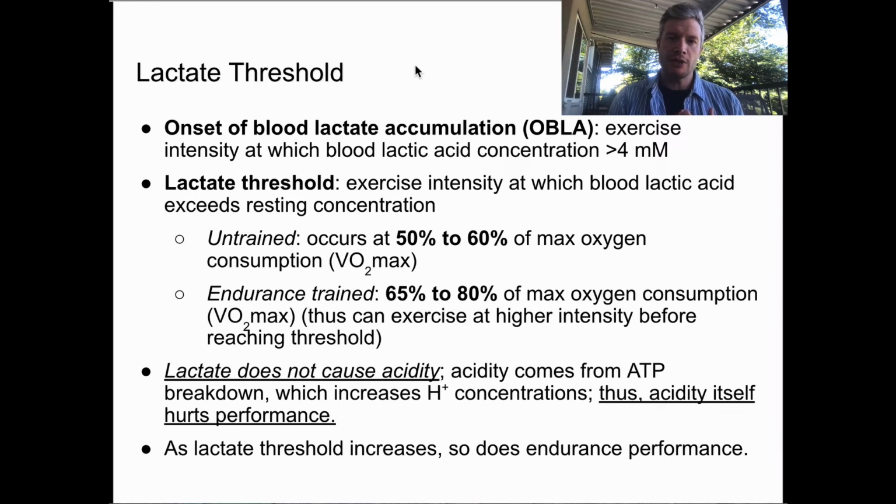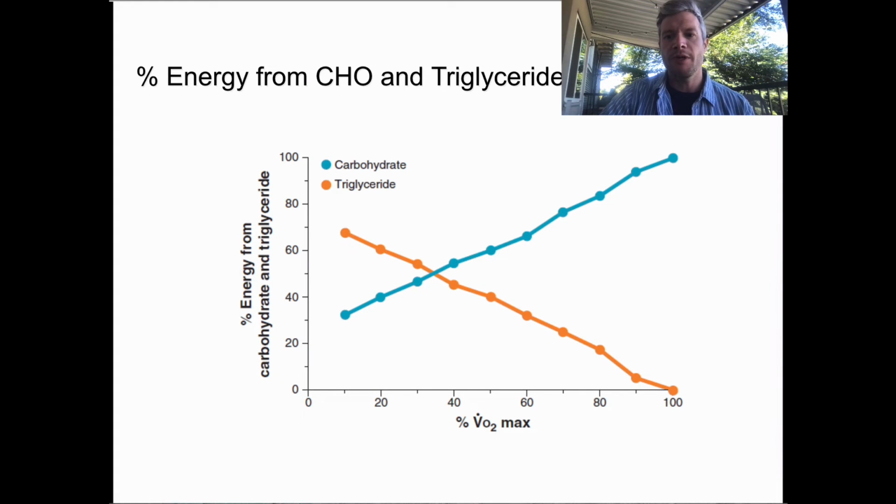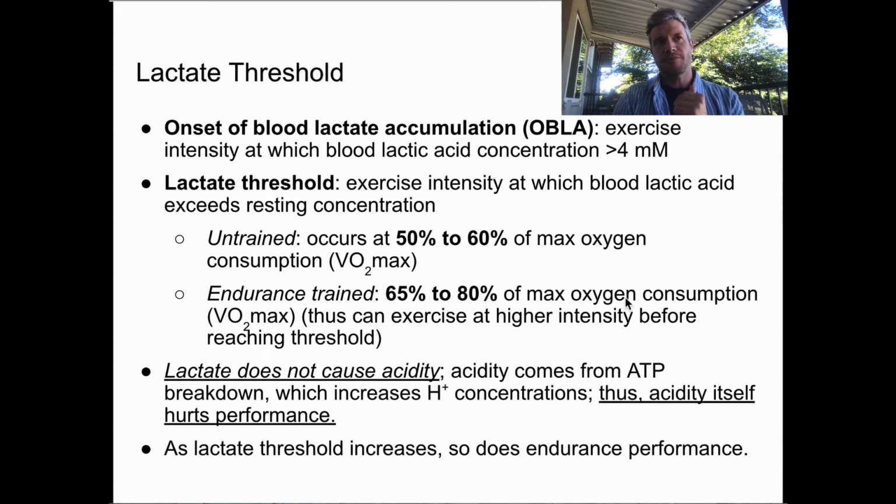Well, there's this threshold, very similar to a crossover point, where we go from a very sustainable activity level to one where we can't sustain anymore, and that's called our lactate threshold.